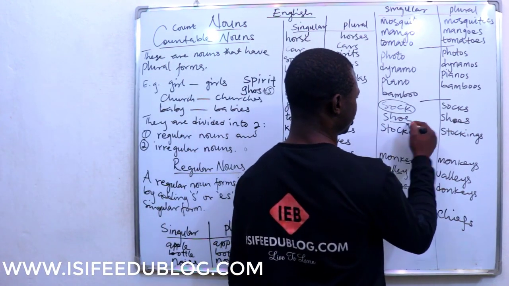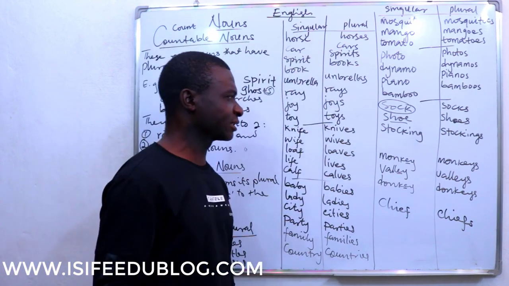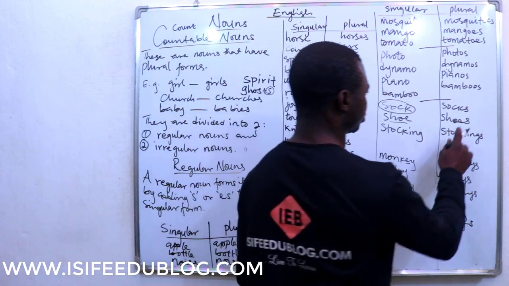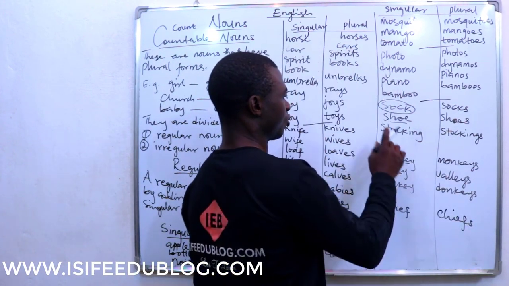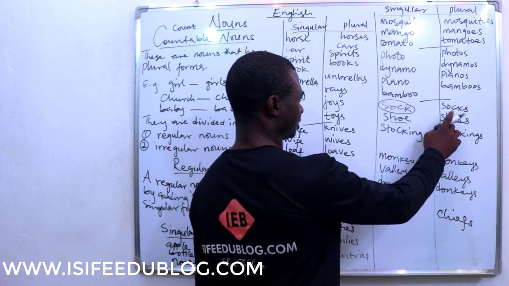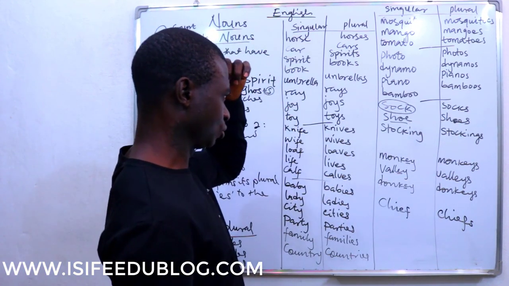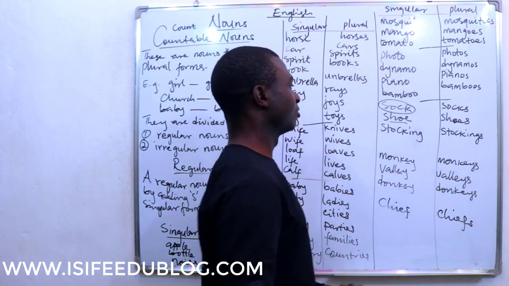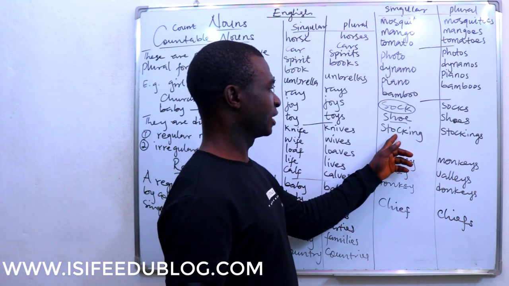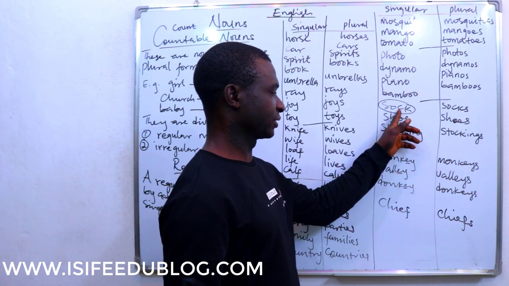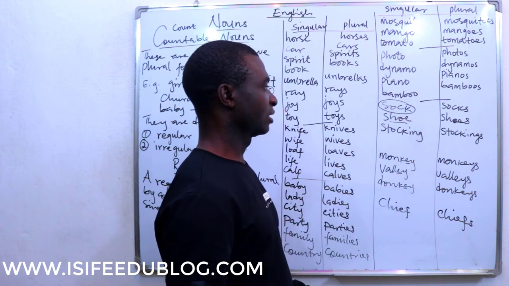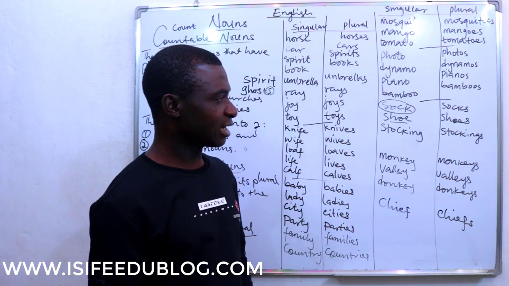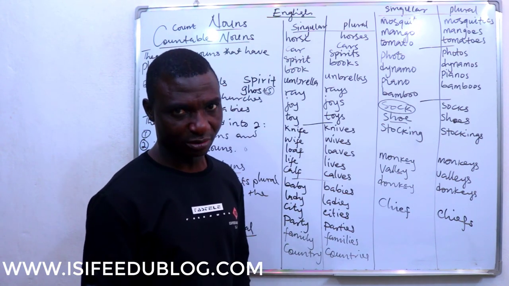what I mean. Now, shoe, your left leg shoe or your right leg shoe, then the two of them constitute your shoes. So, one leg is shoe, the second leg shoe, the two legs shoes. Now, stocking or stockings. A lot of Nigerians mistake this for this, or this for this. What I mean is this. A stocking is far longer and is worn by women.